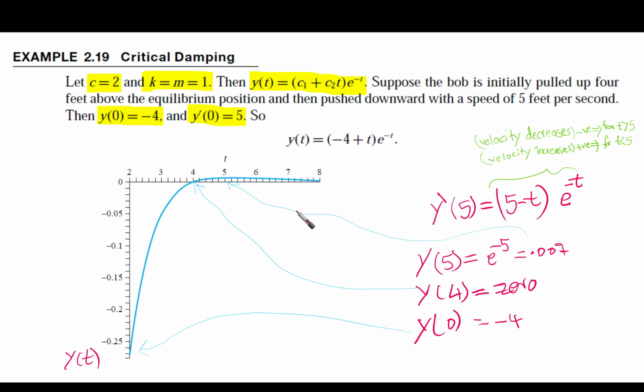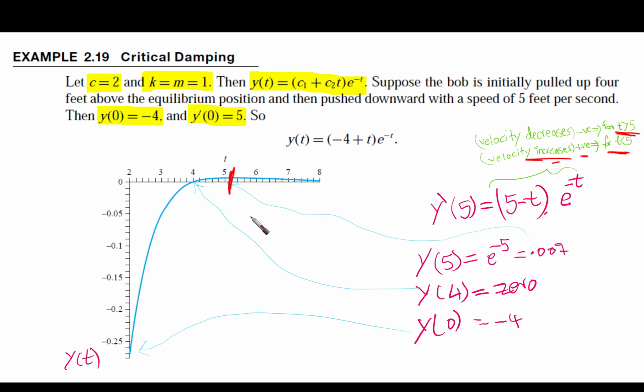As I said, the velocity y prime of t is negative for t larger than 5, and positive for t smaller than 5, if you substitute here, right? So the bulb's velocity decreases after 5 seconds. After 5 seconds, the velocity is decreasing.